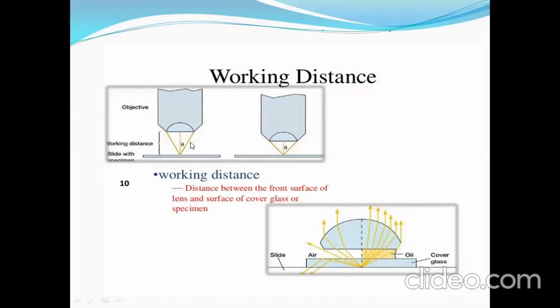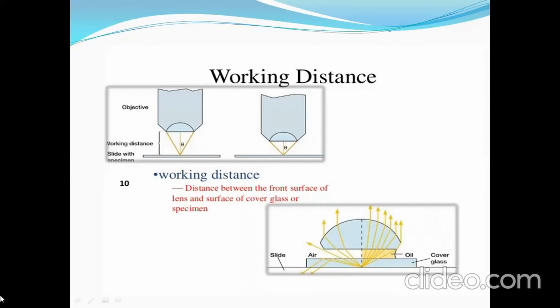You can see theta is obviously much greater here than in that part. So when we are working with this working distance, we can have higher resolution. And it is again clear from this figure that theta maximally, which is also a theoretical value, may be 90 degrees. So you cannot increase theta more than 90 degrees, and sin 90 degrees is 1.